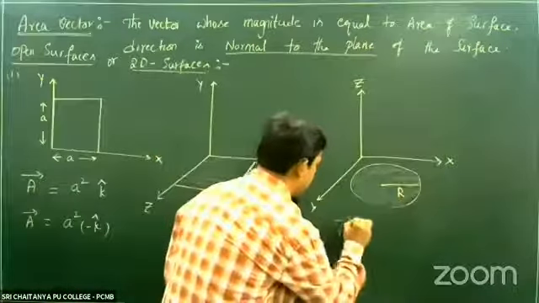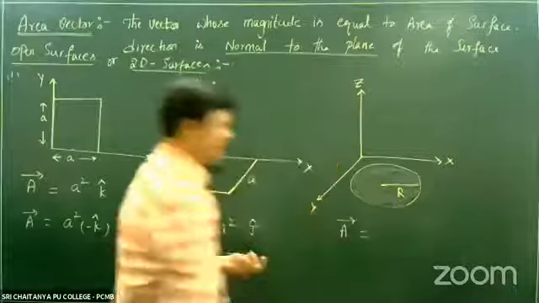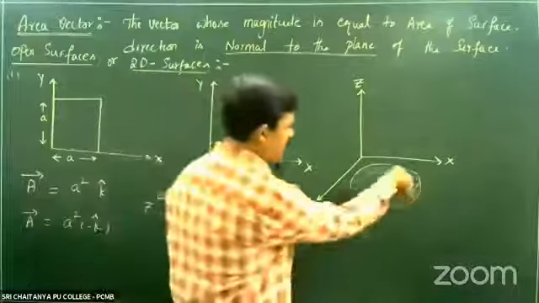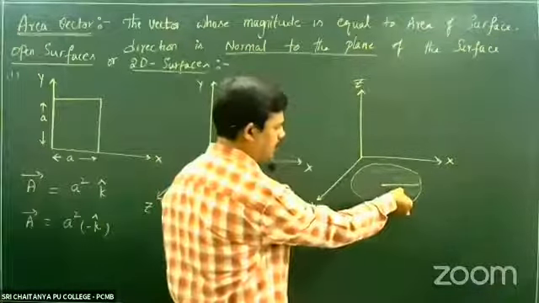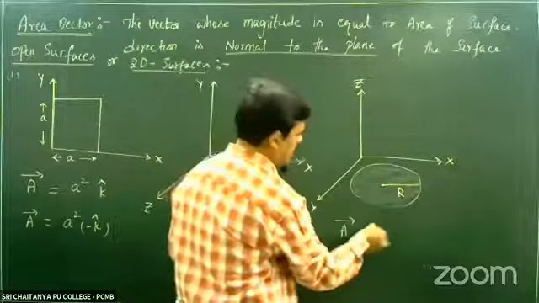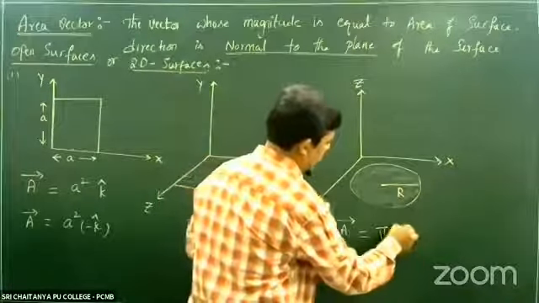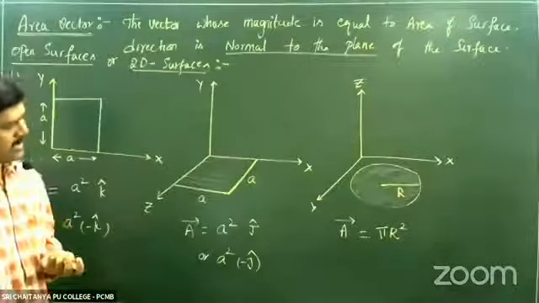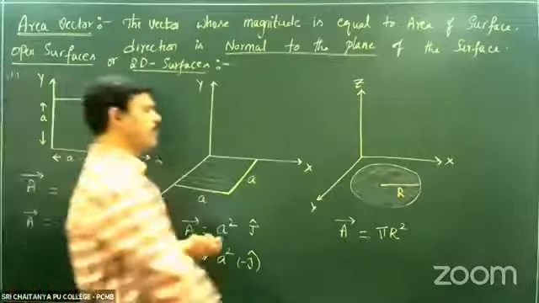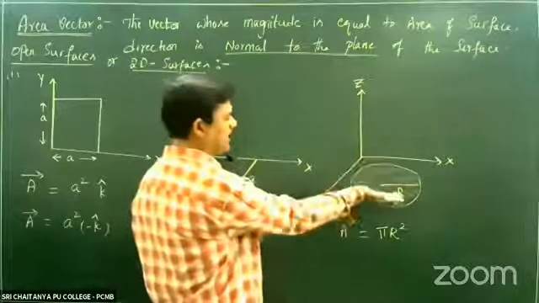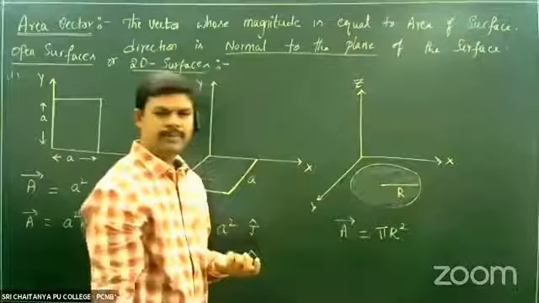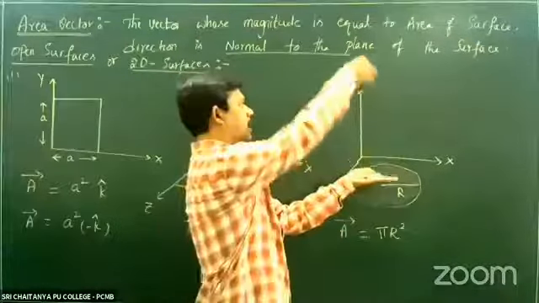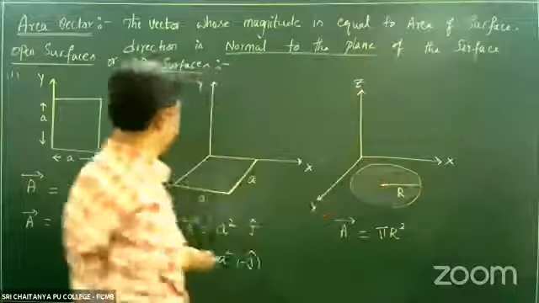Area vector A bar. Area of this disc, it is a circular disc whose radius is R, pi r squared. Then what is the direction? What to see? In which plane it is? It is in XY plane, right? Then what is the normal? Normal along Z axis.